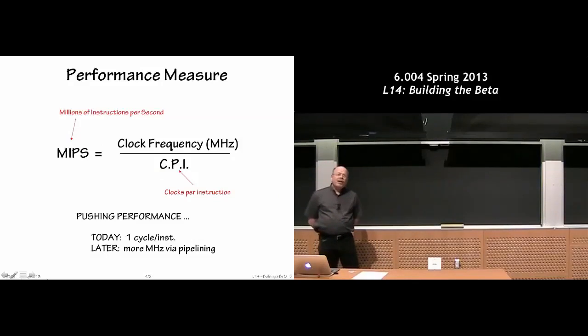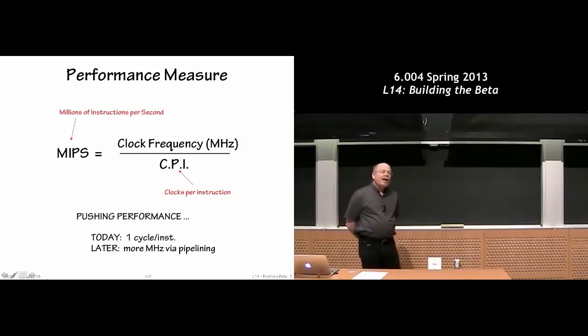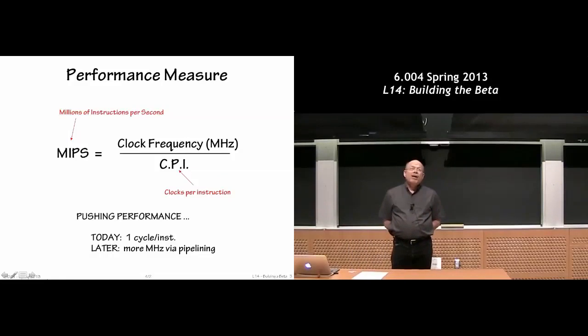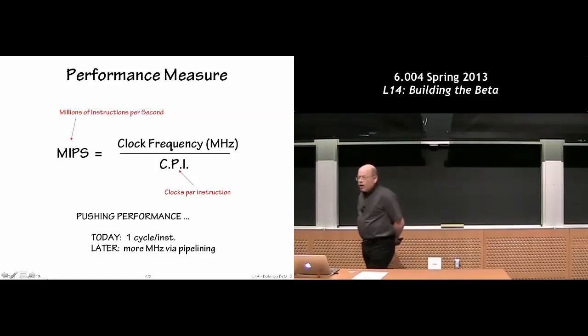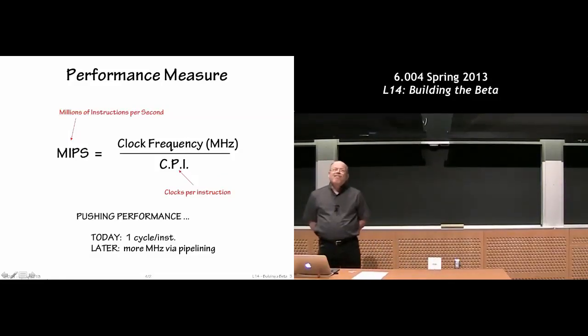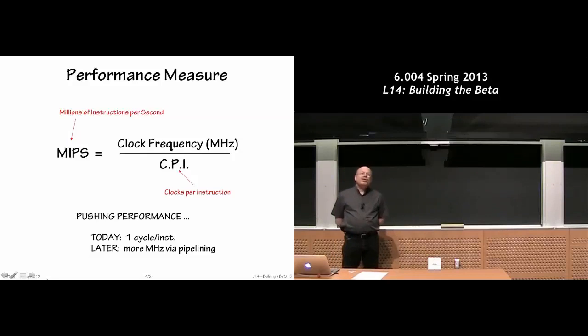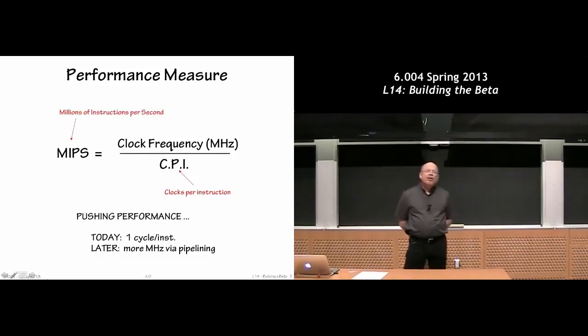When designing, in particular, a digital system that emulates in hardware a computer instruction set, here are the pieces of the formula that go into determining the computer's performance. So, we're going to measure the performance of the machine in terms of the number of instructions per second that it completes.